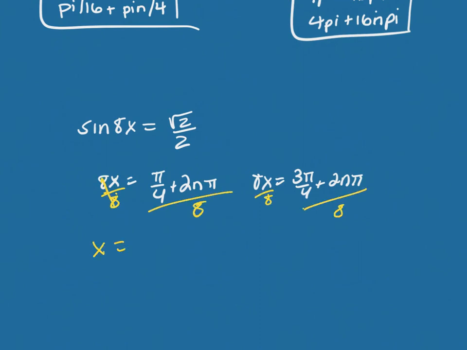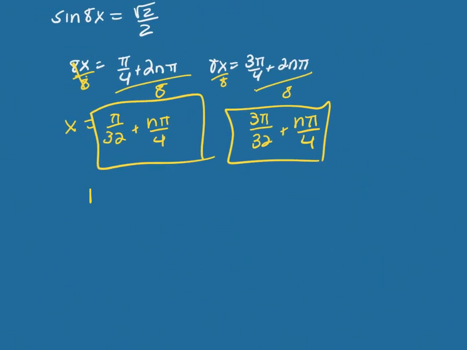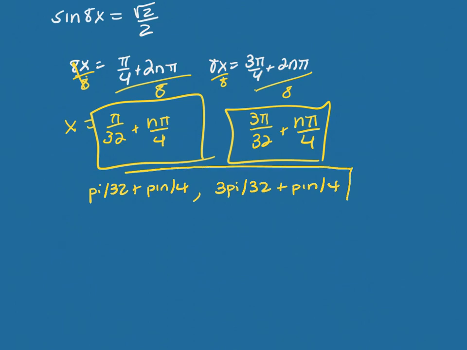So I get x equals pi over 32 plus n pi over 4, and then 3 pi over 32 plus n pi over 4. So both of these would be your answers. Typed in, that would be pi slash 32 plus pi n over 4, comma, 3 pi over 32 plus pi n over 4. Did that answer your question, Sai? Yes. Okay, perfect.